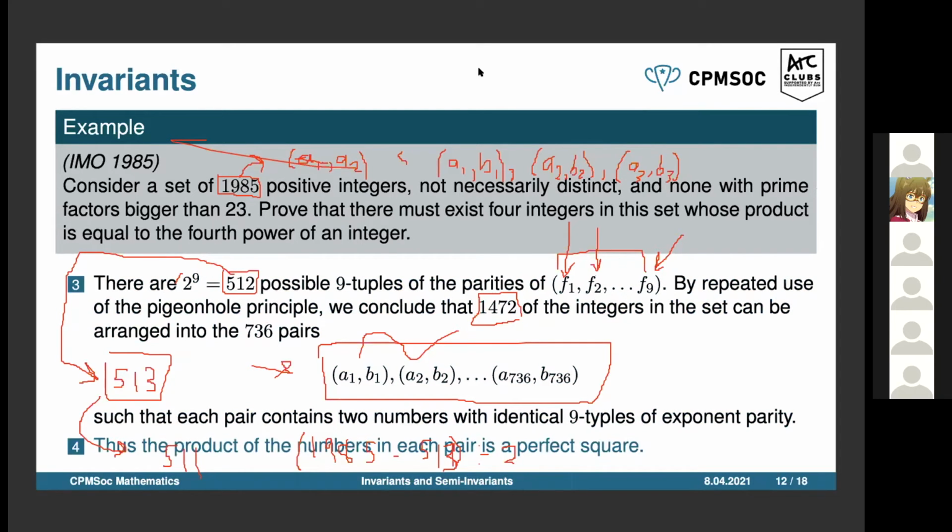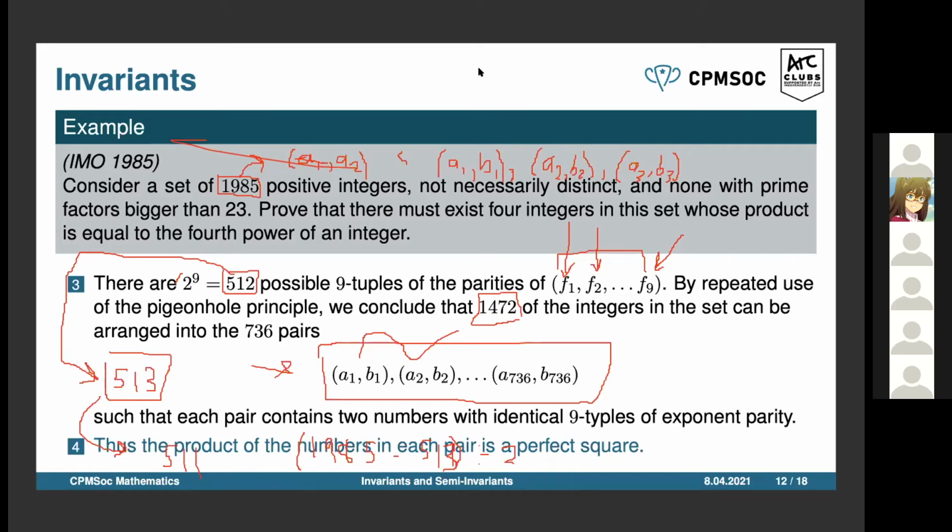Okay, so remember from earlier, if two numbers in a pair have the same parities of exponents of their prime factorizations, when you multiply them together, all the parities will add up to an even number. So the product of numbers in each pair is a perfect square.